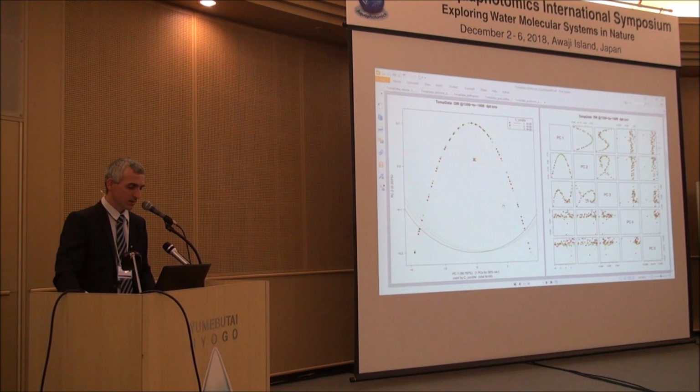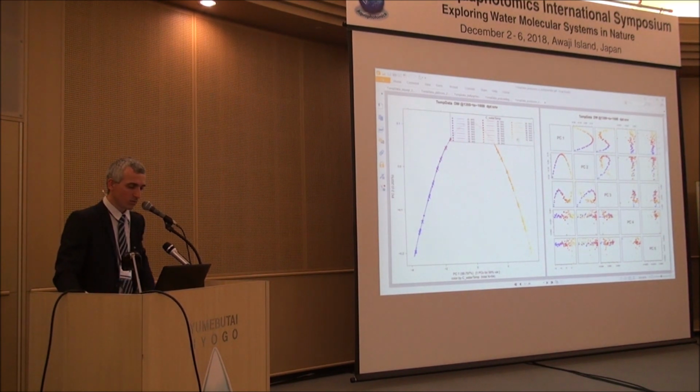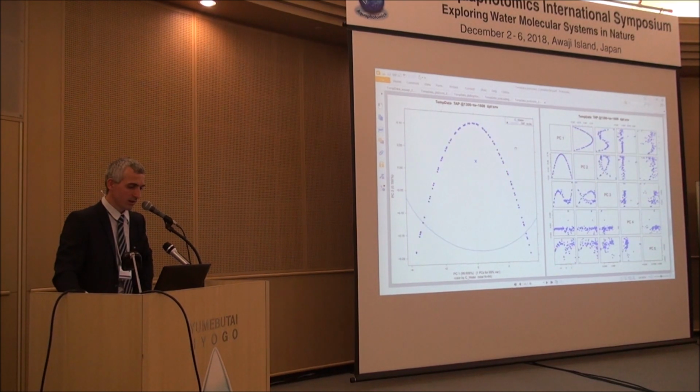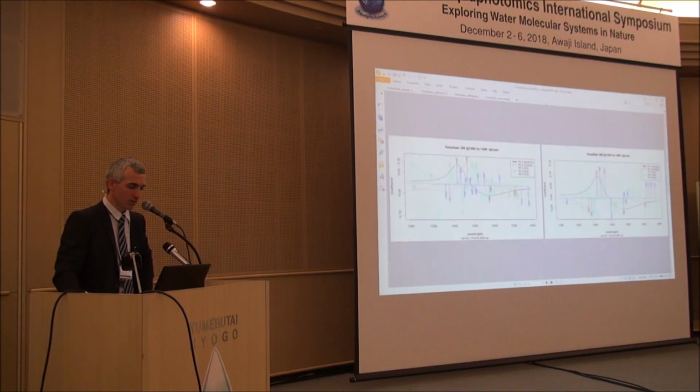So the repeated task was really performed. Here is the PCA score plot of the first water colored by the different temperature steps, and then here is the second water, and then here is the third water. So with one line we calculated PCA separately for all three different types of waters, and of course we have the loadings as well for them.